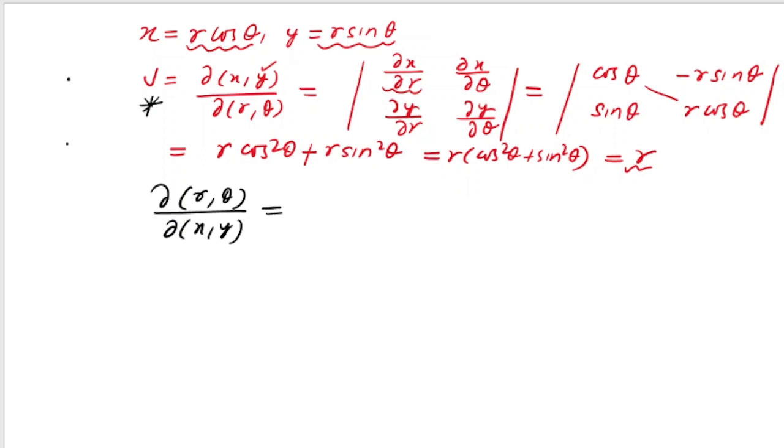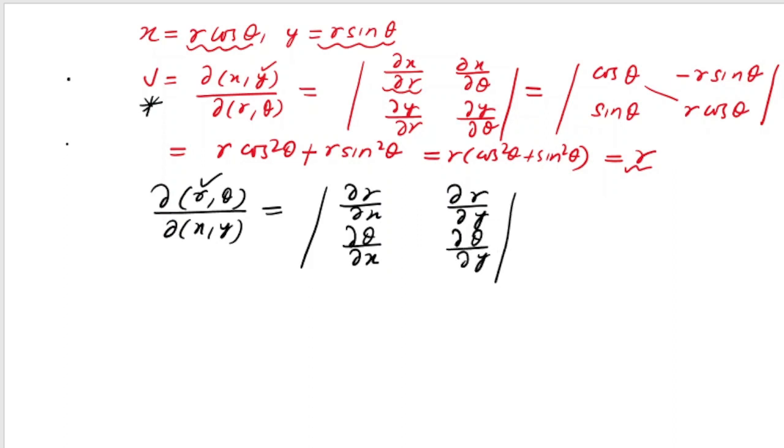First of all, you know that we have to define it like del r by del x, because I am fixing r first and differentiating it with respect to x and y. So here I will have del r by del y, and then del theta by del x and del theta by del y. But before I do this calculation, we need to write r and theta in terms of x and y.